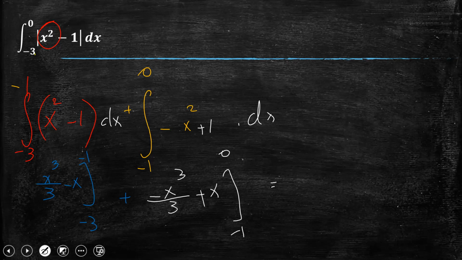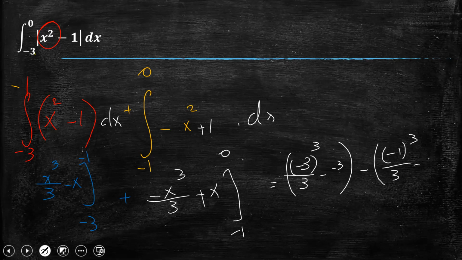Okay, so up to 0, then you have to integrate. It is negative 3 cubed over 3 minus negative 3. This is f of negative 3 minus f of negative 1, which is negative 1 cubed over 3 minus negative 1.